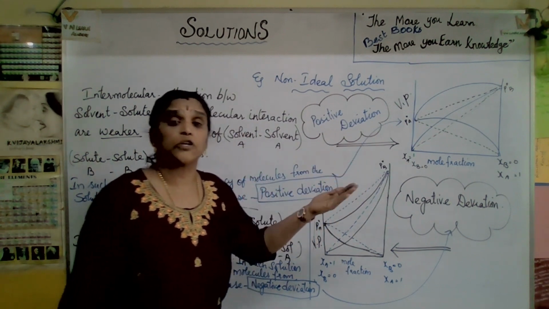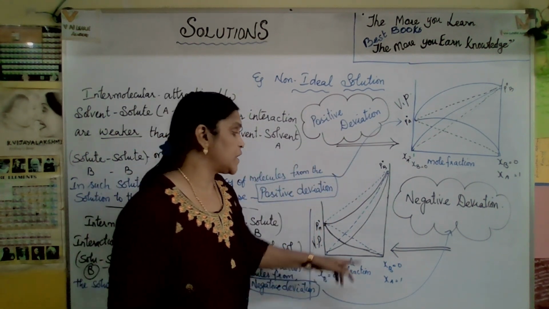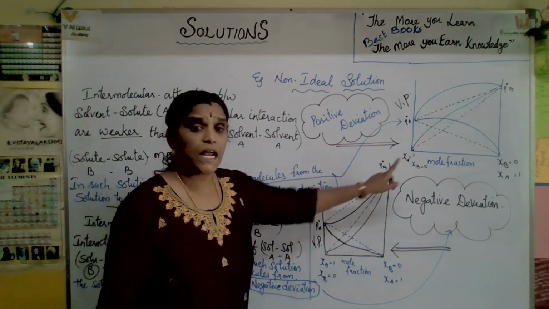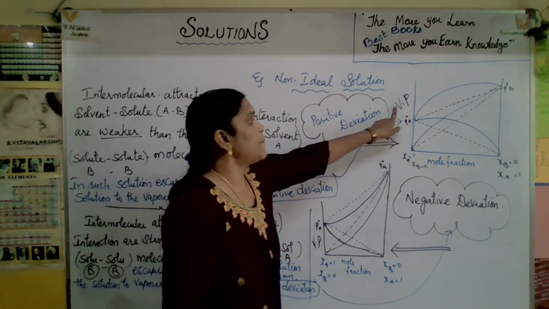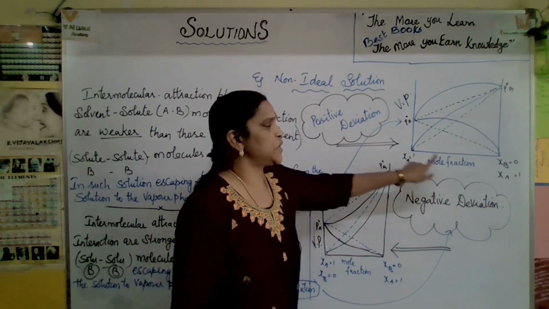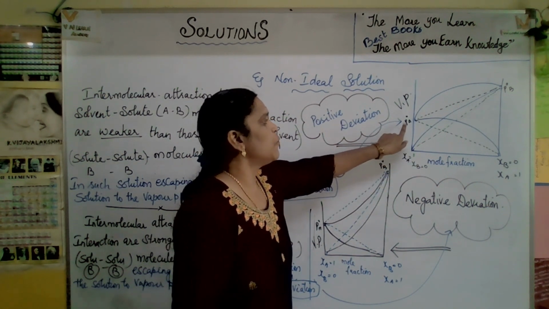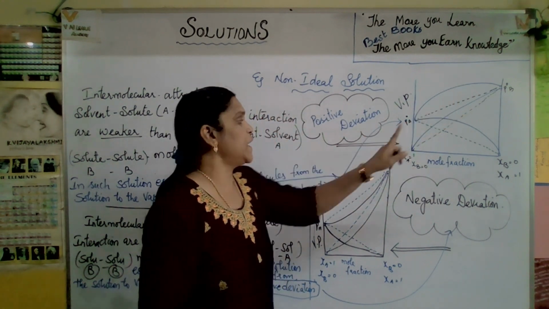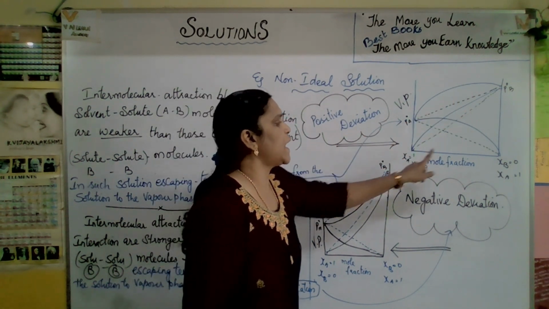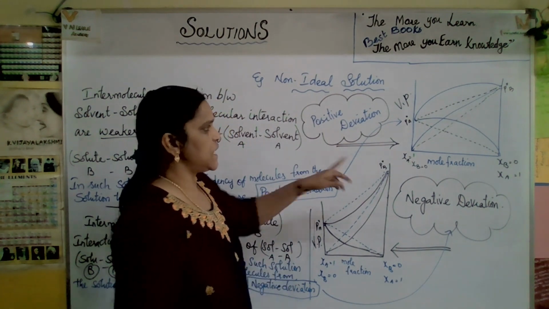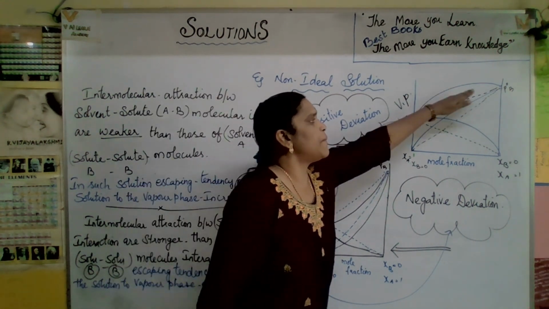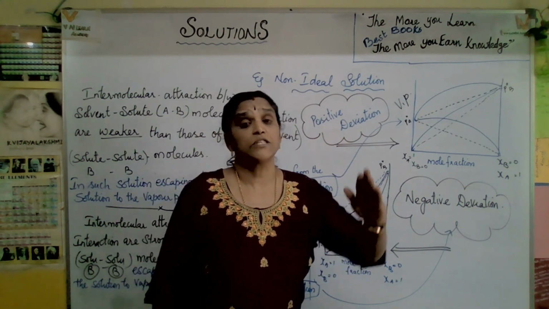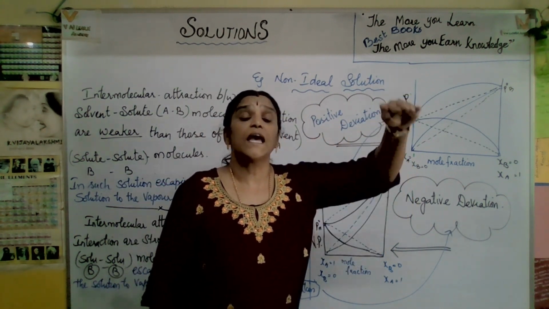Now let us see the positive deviation from the non-ideal solution: when the vapor pressure of a solution is higher, you will get positive deviation. When the vapor pressure of a solution is lower, you will get negative deviation. As you see in this graph, vapor pressure and mole fraction, with P naught A and P naught B, and mole fractions chi A and chi B. Above the ideal line is positive deviation, where the vapor pressure of the solution is higher.